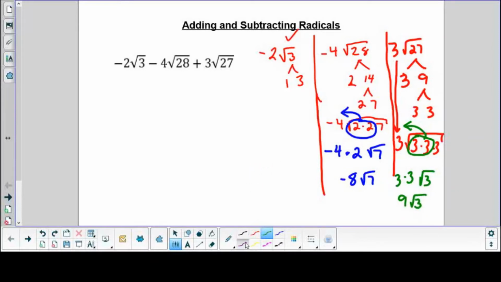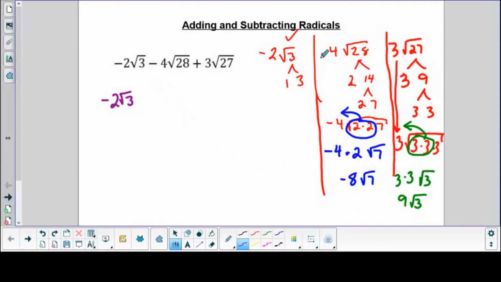So what we've done is we simplified each of these radicals. This first radical couldn't be simplified any further, so we're just going to leave that as negative 2 square root of 3. This next radical, negative 4 square root of 28, simplifies to negative 8 square root of 7.